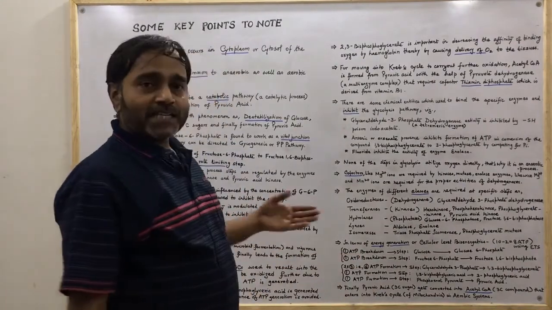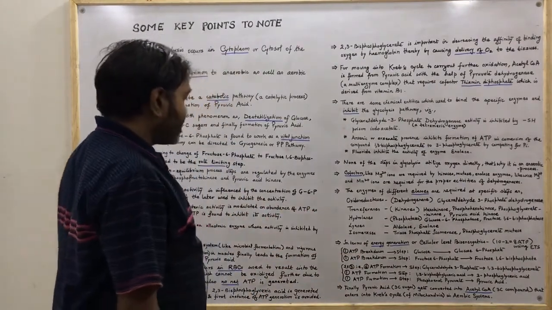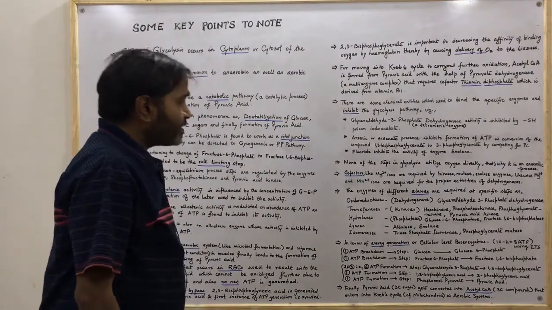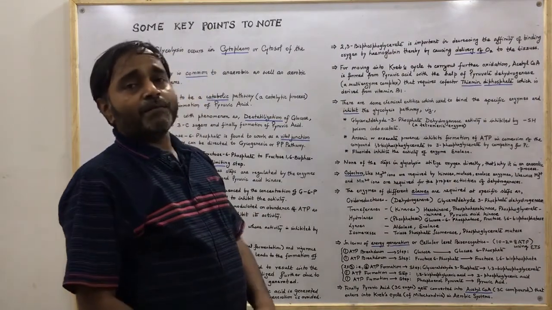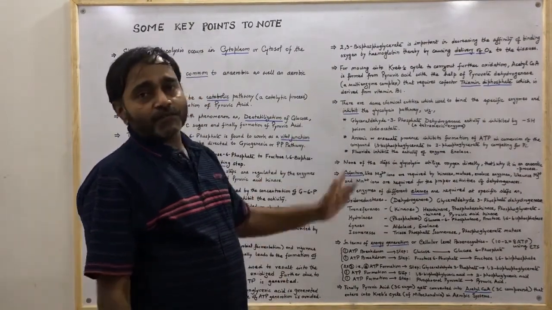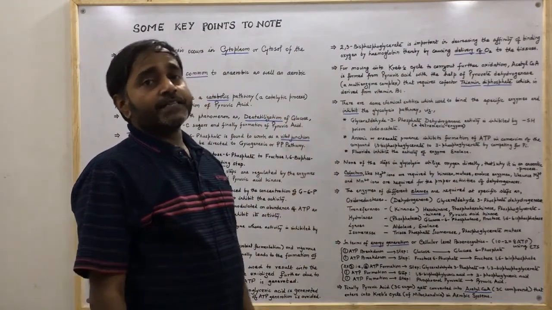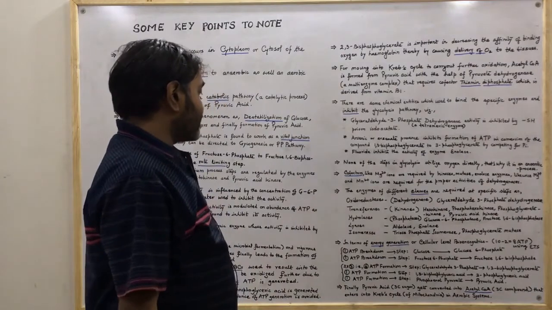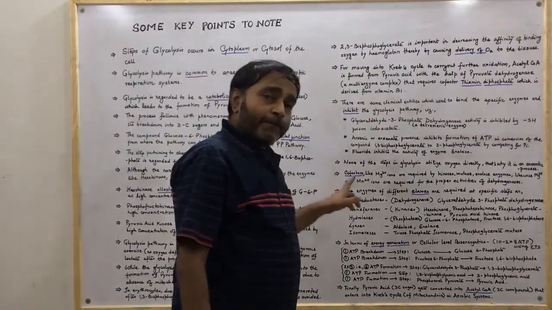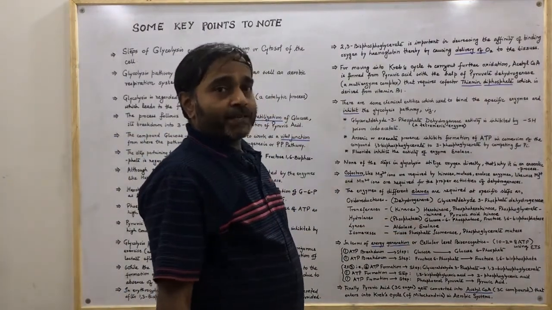Now what is the next point that I have written? And that is in terms of energy generation or cellular level bioenergetics. The main relevance of the pathway is to understand how energy is generated in this process, and that is the first place where the breakdown of ATP takes place.